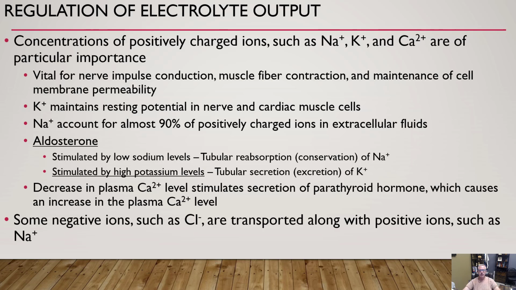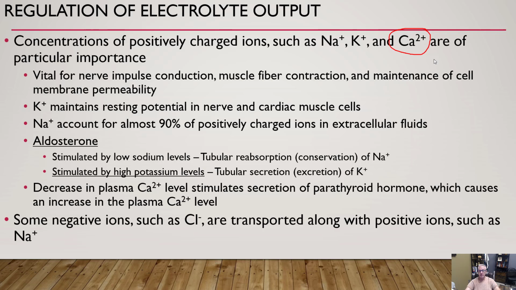All right, regulation of electrolyte output. Most of your positively charged ions, or your cation ions, are going to be vital for nerve impulse conduction. We talked about calcium and how that's good for nerve impulse conduction.